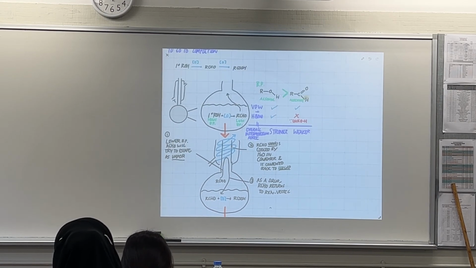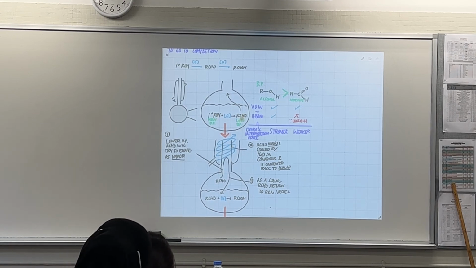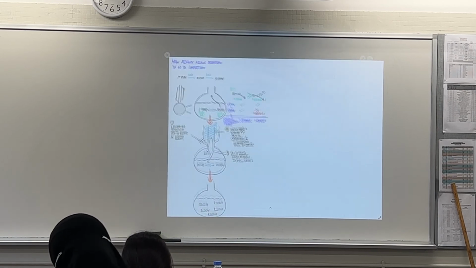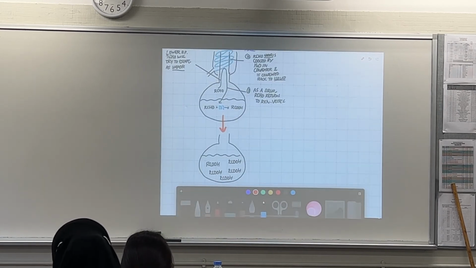This is why it will have a lower boiling point. Make sure you know why this has a lower boiling point and why it is the aldehyde that's trying to escape. Why doesn't the alcohol want to escape? Because this is the lower boiling point one. The lower boiling point one will escape instead of the high boiling point one. So can you put down the conclusion below?